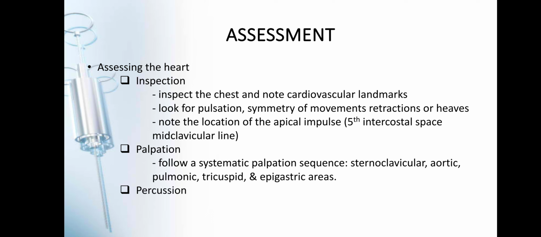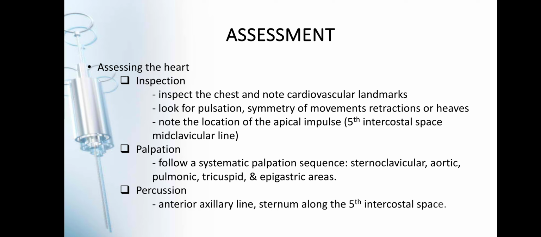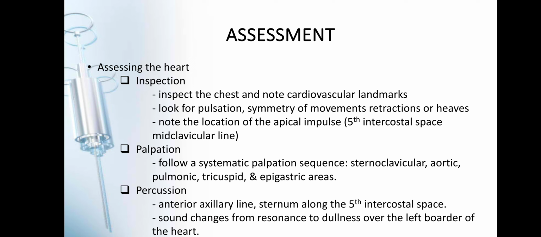Then for palpation, follow a systematic palpation sequence. You will start with sternoclavicular and then aortic and then to the pulmonic and then tricuspid or mitral and then sa epigastric areas. For percussion, we will start with anterior axillary line, sternum along the fifth intercostal space.